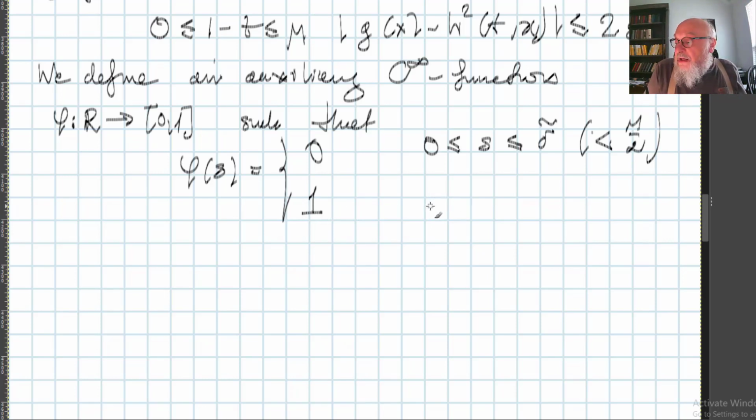So this will be 1 in the case when 1 minus s is larger or equal than 0, but smaller or equal than delta tilde as well.